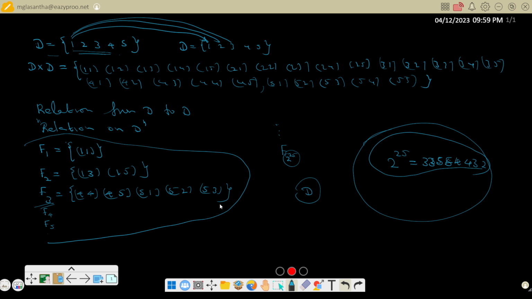If, instead of D, you take an infinite set, then how big is the number of relations? Infinitely many relations. You can write infinitely many relations.